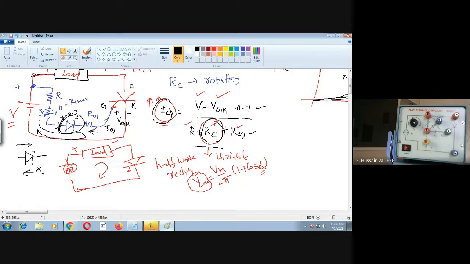So to stop this conduction, we connect a diode like this. If you don't have a diode, just a wire, then the current may flow in the opposite direction also. It depends upon the voltage difference and remaining things. So that is the main purpose of connecting the diode: to restrict the current flow to only this direction. For that purpose, we put the diode there.